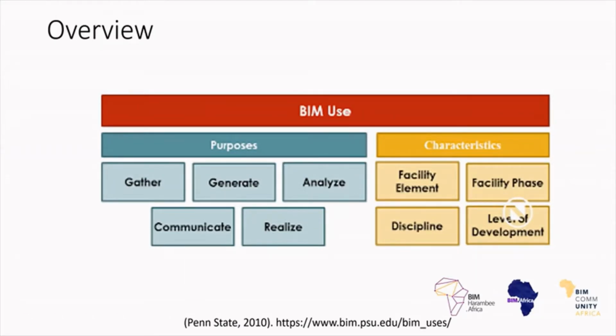The purpose could be to gather, generate, or analyze, or to communicate, or probably to realize something. One of the most interesting characteristics is that it's discipline based: certain disciplines conduct certain BIM uses, and some facility elements are used in these BIM uses.